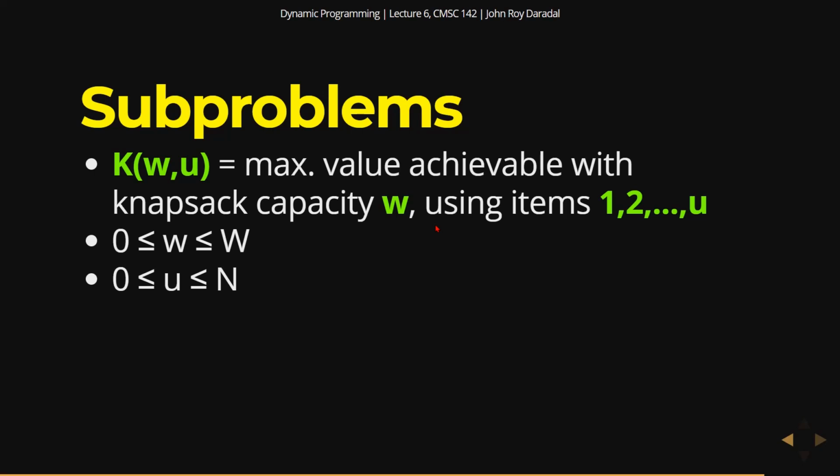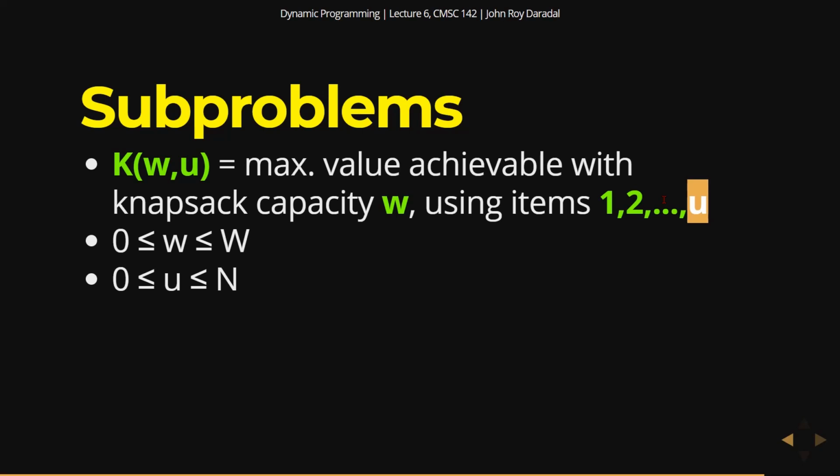So we will adjust the sub-problem notation. Earlier it was just K of W, right? So remember, K of W was the maximum value if it has capacity small w. But this time we will adjust it and make it K of W, U. Now what this means is it's still the maximum value achieved with knapsack capacity small w, but if we only use items from 1 up to this U. Okay, so we are now trying to limit the number of items that we'll use for that specific capacity.